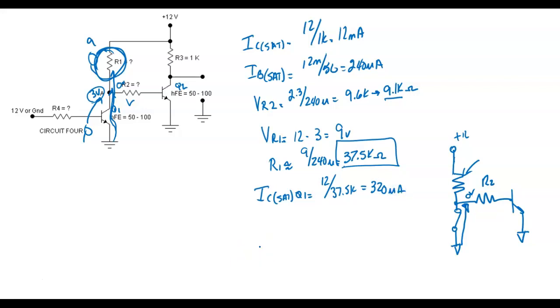And we're going to get a lot of gain out of this one. Then IB sat would be equal to 320 micro divided by 50, the gain on this transistor.